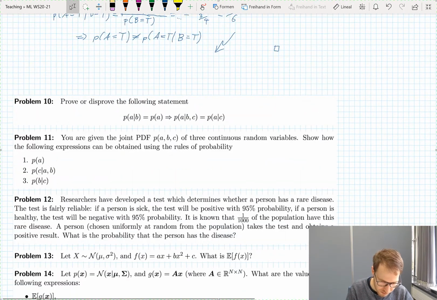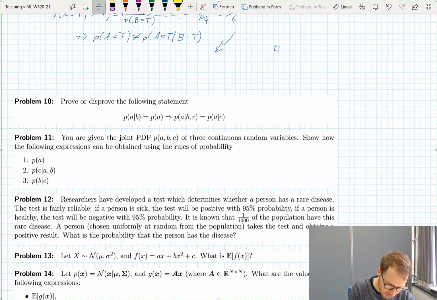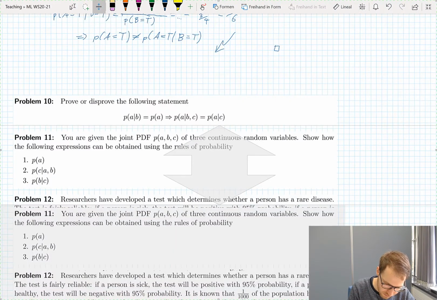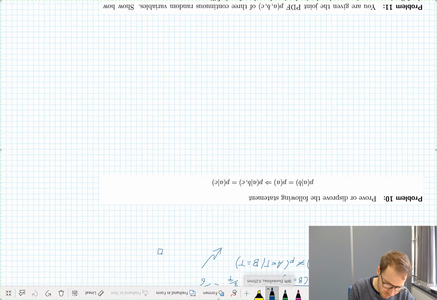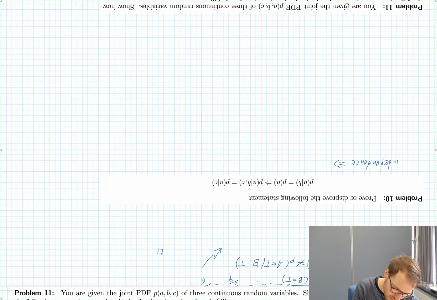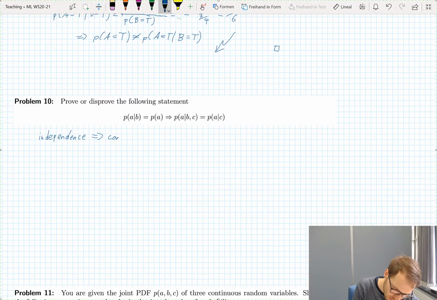Okay, next part, problem 10. So here we want to look into whether independence implies conditional independence.